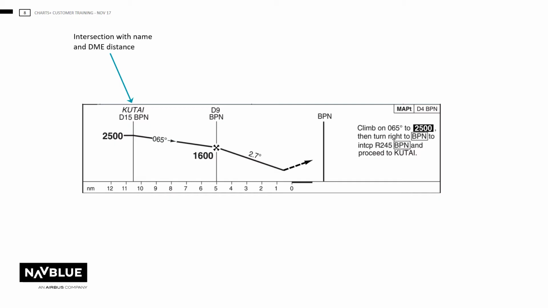The intersection name will be written in italic font. The final approach track, which will match what is on the plan view. Fixes based on a DME distance.